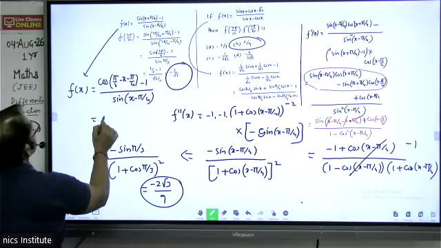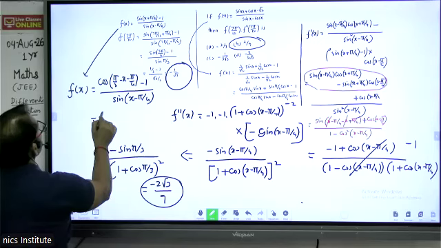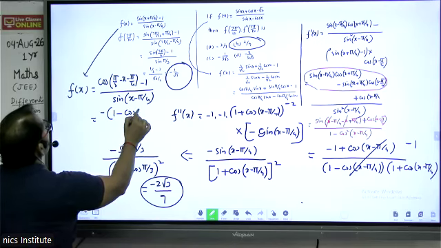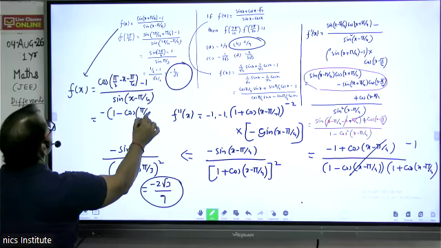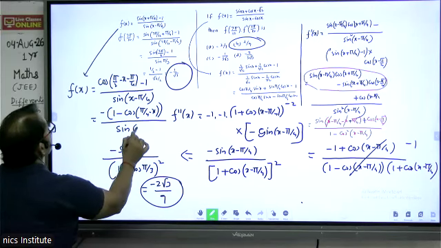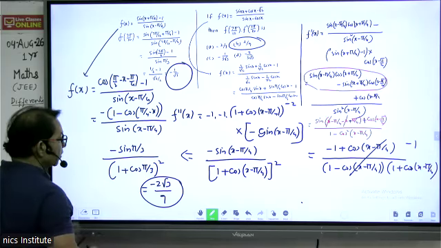So this is pi by 4 minus x. I take minus sine common, 1 minus cos pi by 4 minus x. Pi by 4 minus x or x minus pi by 4 is the same thing.